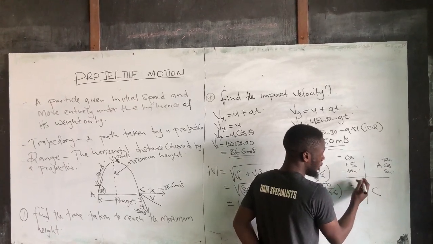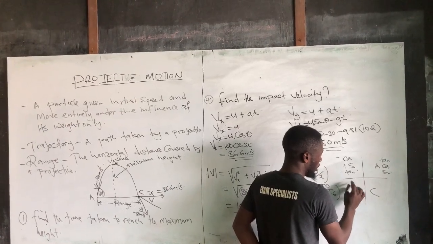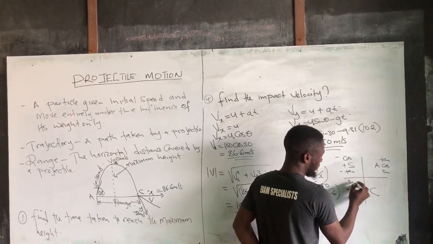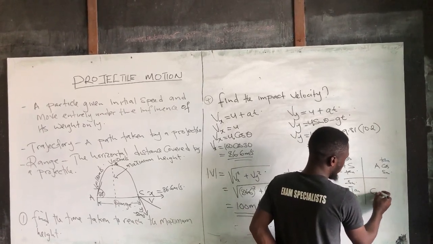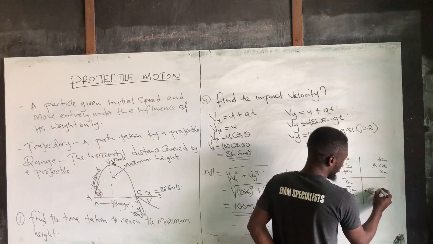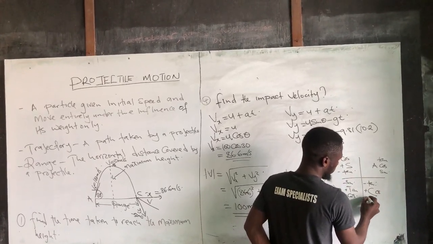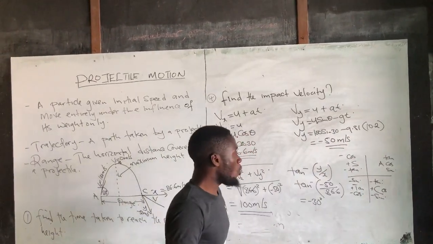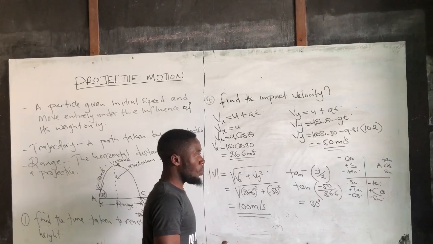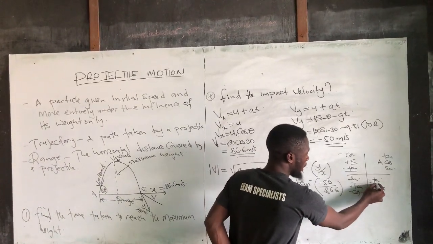In the third, only tan is positive, sine and cos are negative. In the fourth, cos is positive, tan is negative, sine is negative. So we look for the quadrants where tan is negative.